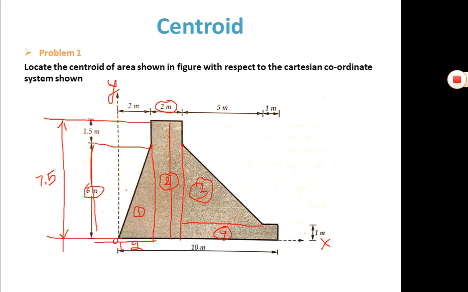Now come to this third geometrical component. It is also a right angle triangle. It has a base width of 5 meter here to here. Now the height of this right angle triangle is here to here.